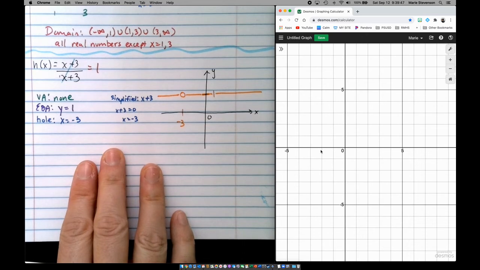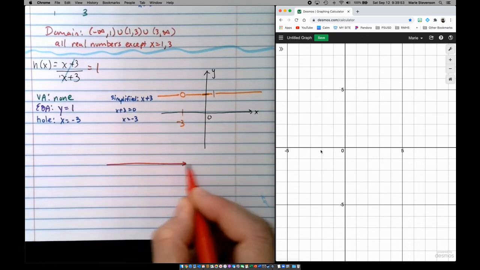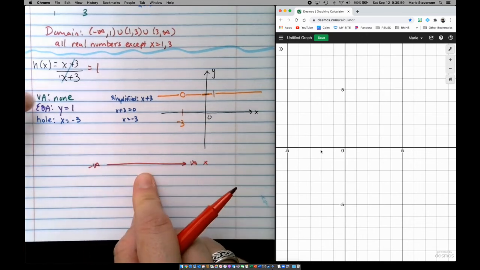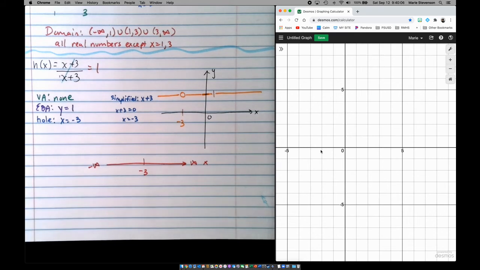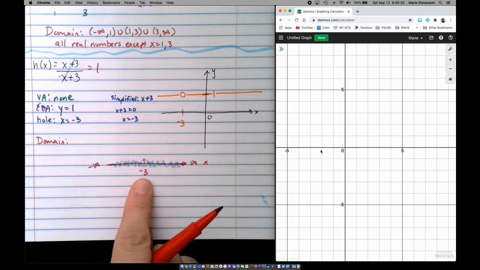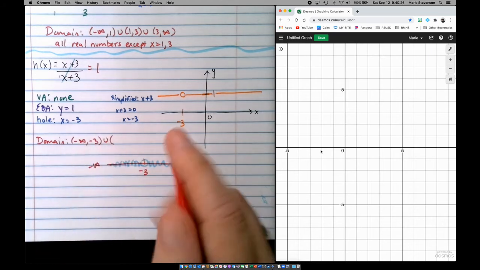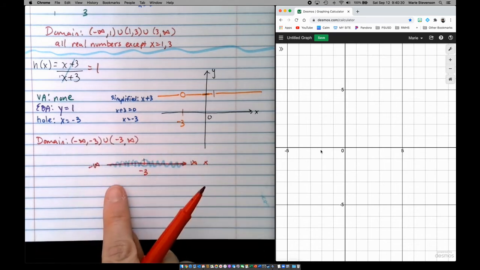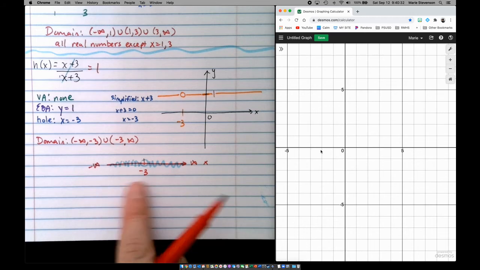Let's go ahead and find our domain. If we were to describe this, we would say all real numbers except x equals -3.